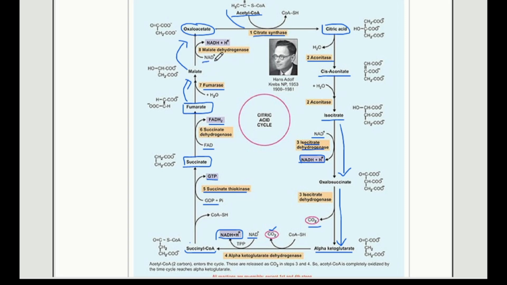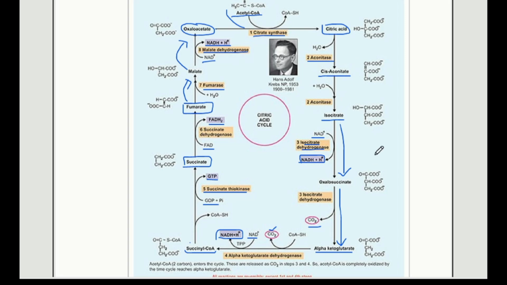Here NAD plus molecule is converting into NADH plus H plus, and the enzyme is malate dehydrogenase. So this cycle you have to remember, what is producing, and when the conversion is going on, what enzyme is acting.